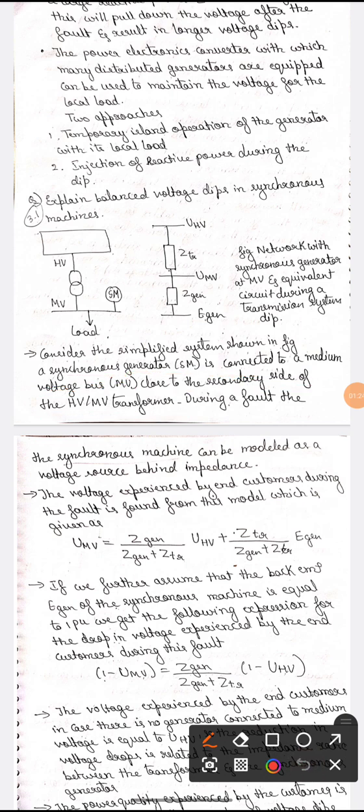UMV equals Zgen into UHV divided by the overall impedance, that is Zgen plus ZTR, plus Zgen into, sorry, ZTR into Egen divided by again Zgen plus ZTR.